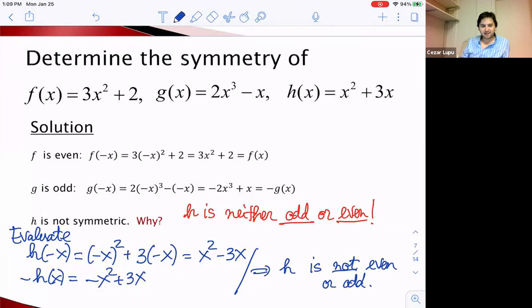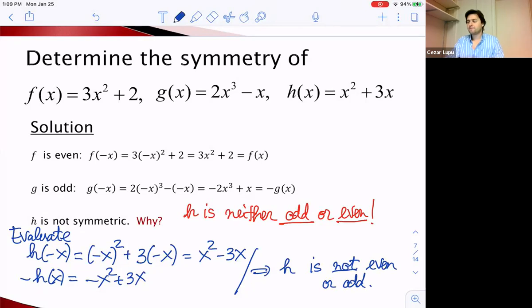We can clearly see that. And moreover, h of negative x is definitely not negative h of x. So as you can see, this is an example of a function which is neither odd nor even.